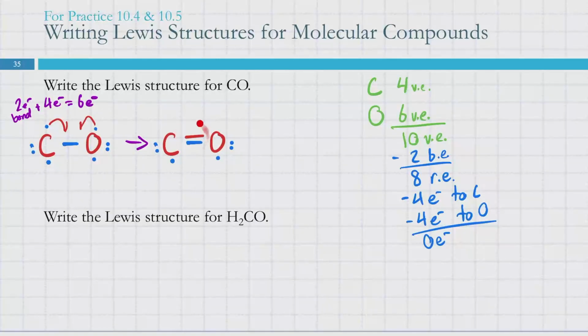So now we've got a double bond. So we've got 4 electrons from the double bond. And we've also got 2 plus 1 more is 3 electrons. So they each have 7 electrons. That's still not 8. We can move in 1 more electron from each.